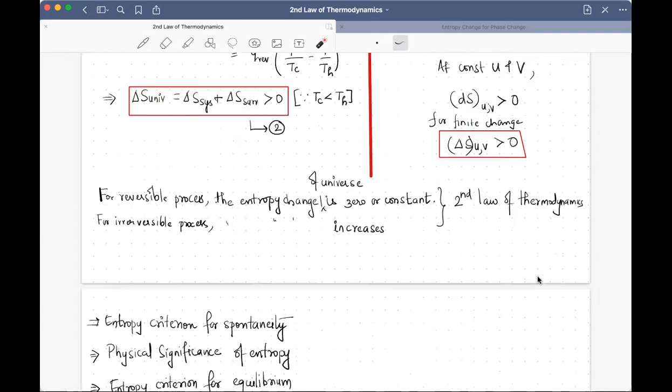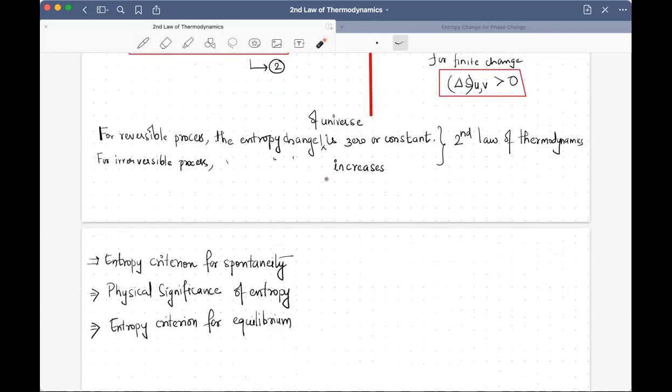Now, just to discuss some important things, like the entropy criteria for spontaneity, like how entropy could be used to decide spontaneity. You understood that a spontaneous reaction refers to an irreversible process.